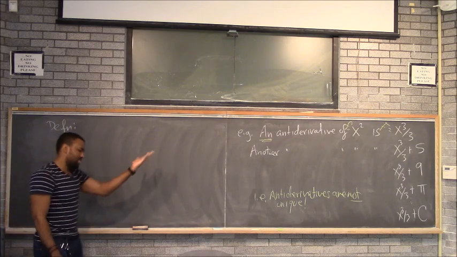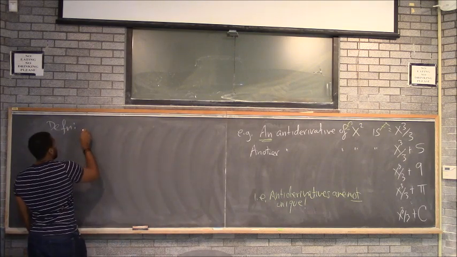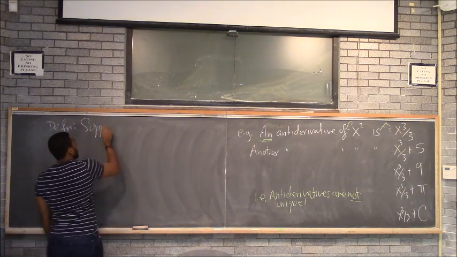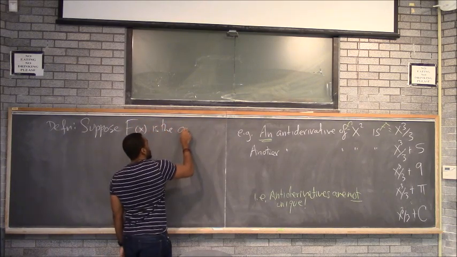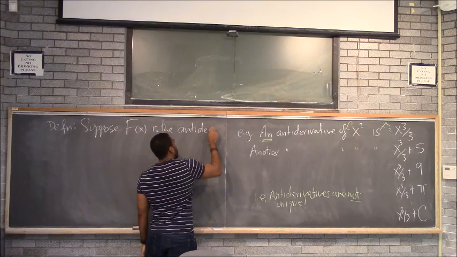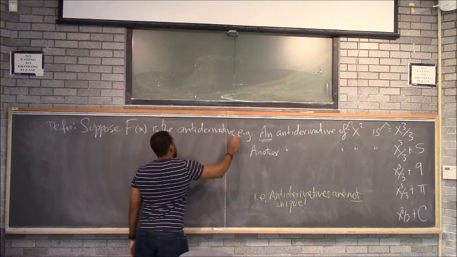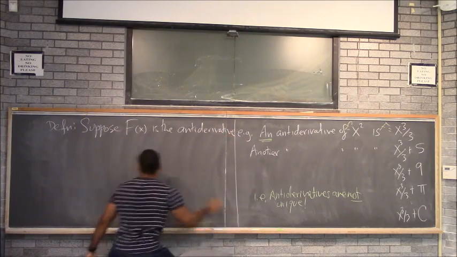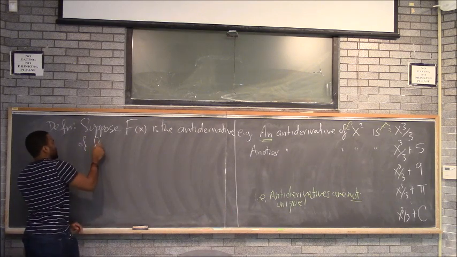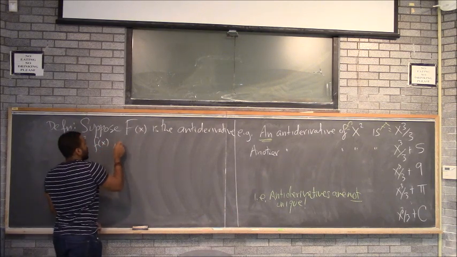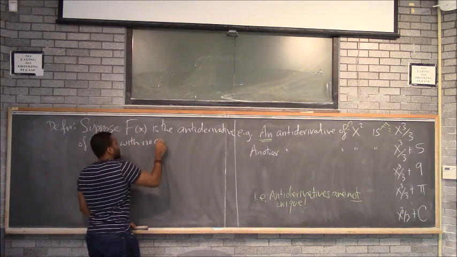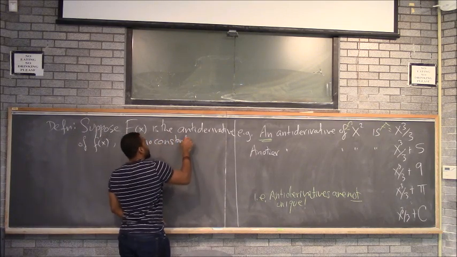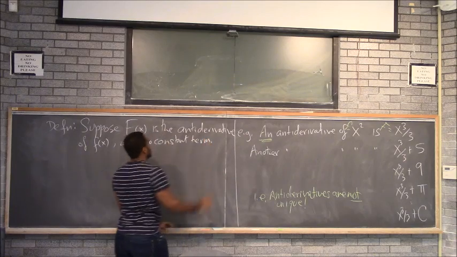To avoid just silliness like that, suppose big F is the antiderivative of f of x and with no constant term. Right?